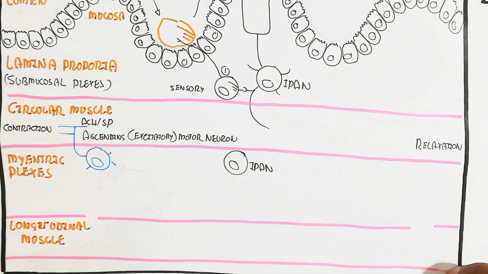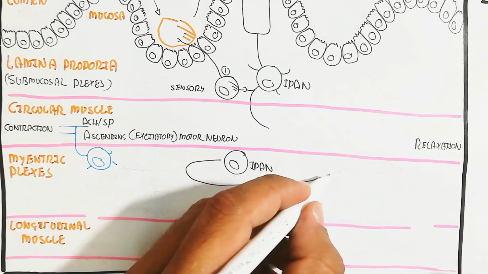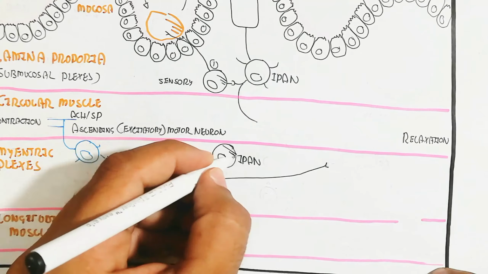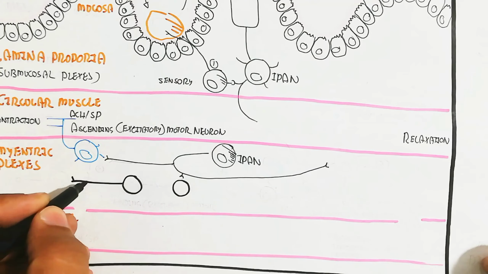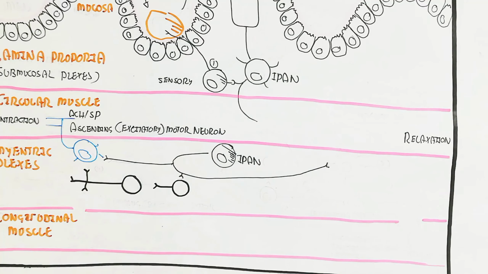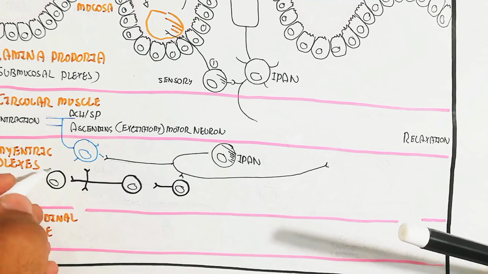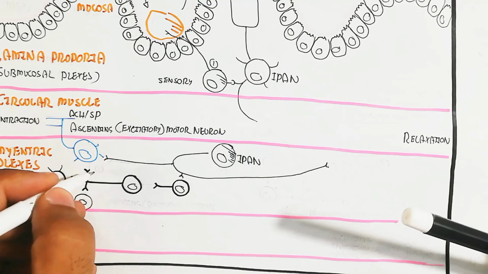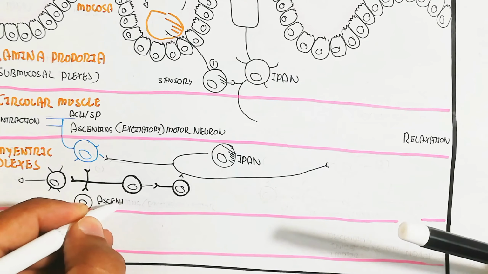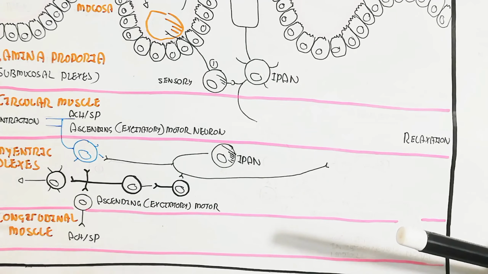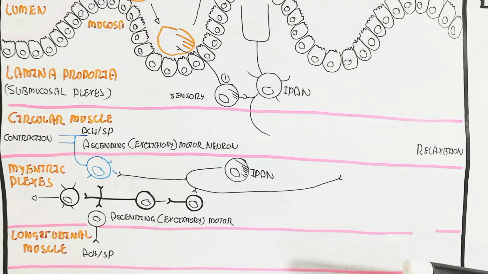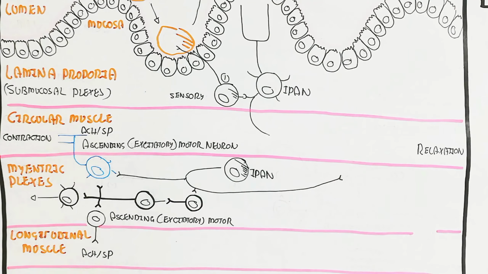The inhibitory primary ascending neuron is also involved, basically it is used for the contraction. So how is it possible? Let's understand. This is the ascending excitatory motor neuron, after the myenteric plexus, the interneuron, the inhibitory primary ascending neuron, and this is the descending interneuron.